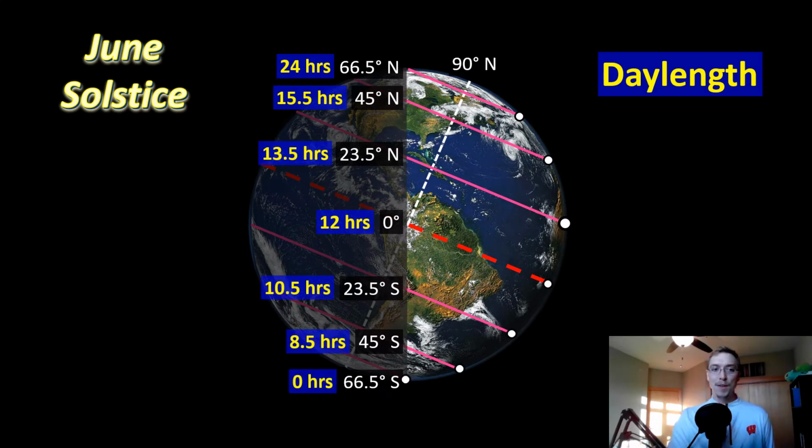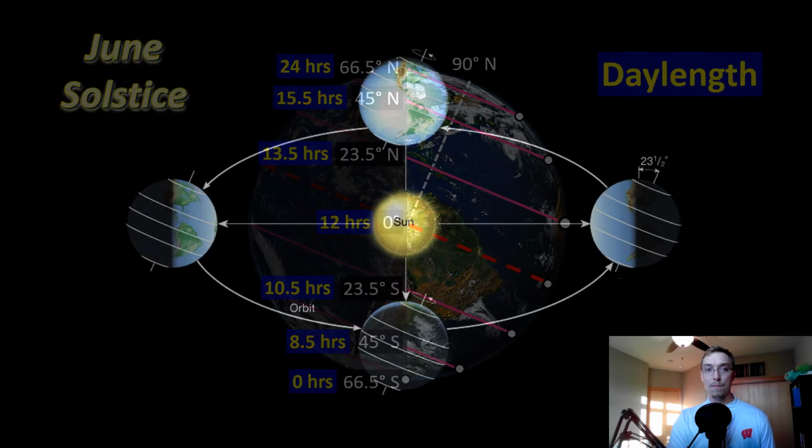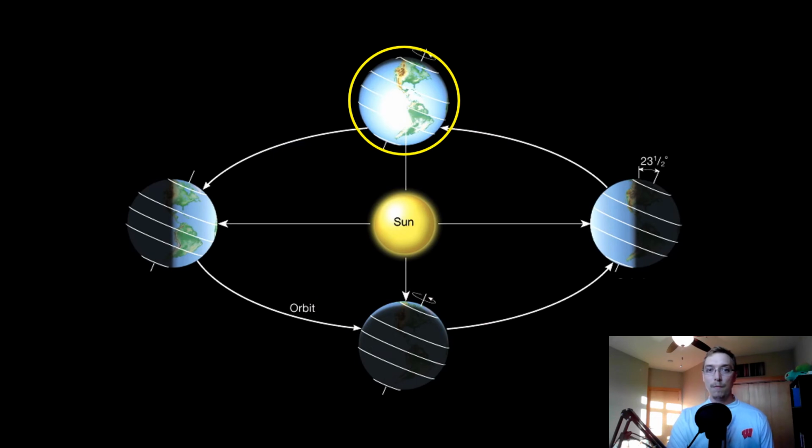Okay, well, let's think of something different here. March. Typically, the March equinox is March 20th to 21st.